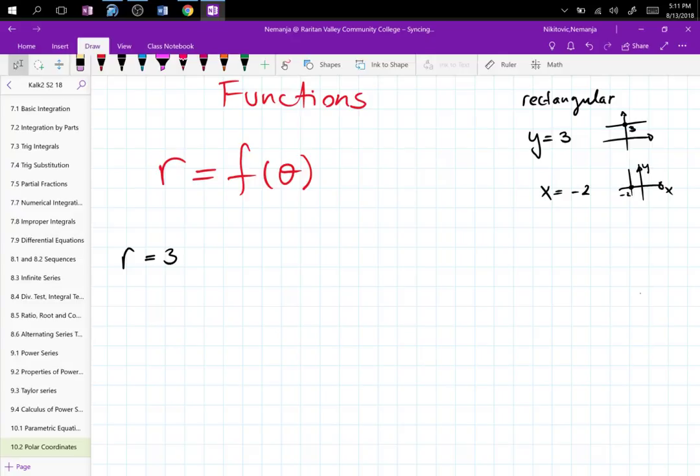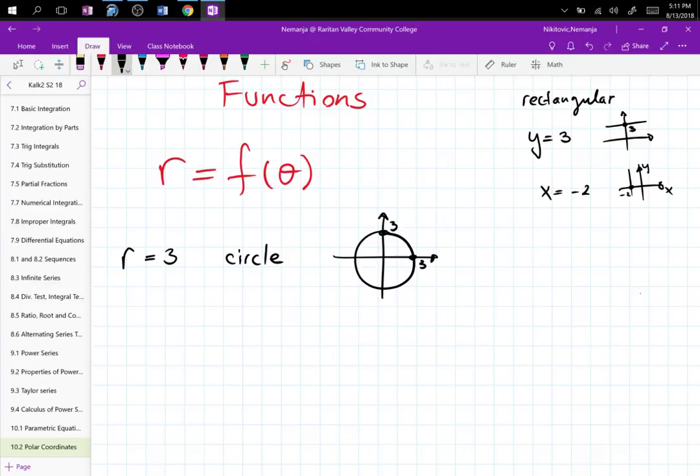You get the circle. Because a circle goes around, and the radius is 3 for any and every theta you pick.